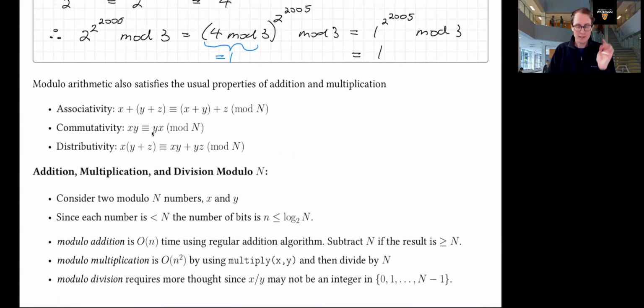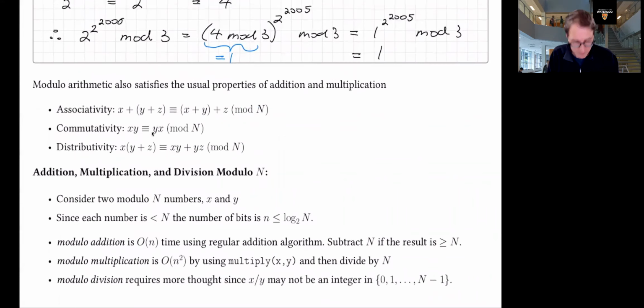All right, last things I want to mention in this lecture. I feel this has gone slightly long, but that's okay. So modular arithmetic also satisfies the usual properties of addition and multiplication. So there's associativity, which is that I can either add x to the result of y plus z, or I can add x plus y and then z, and it doesn't change it.